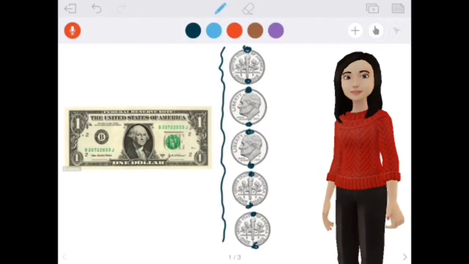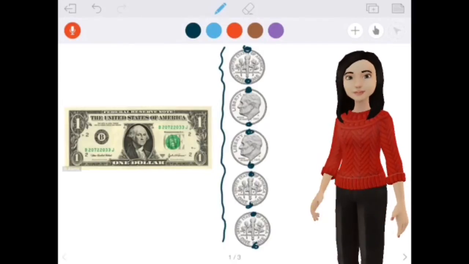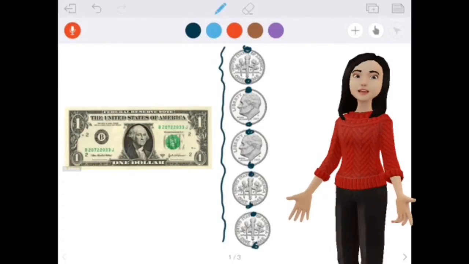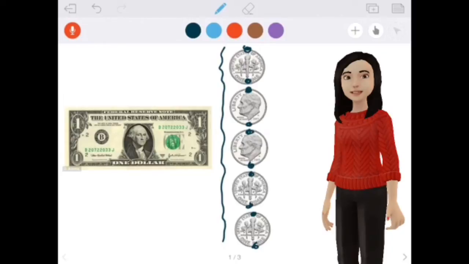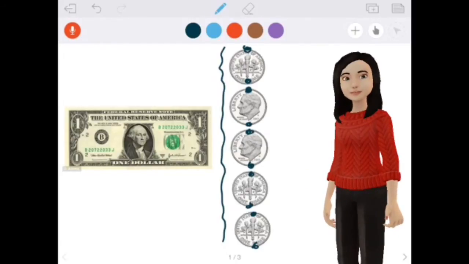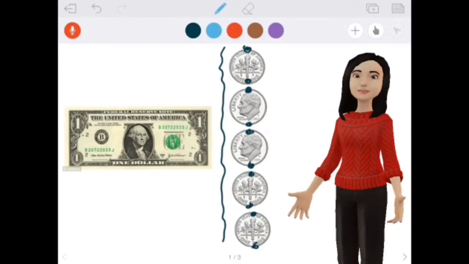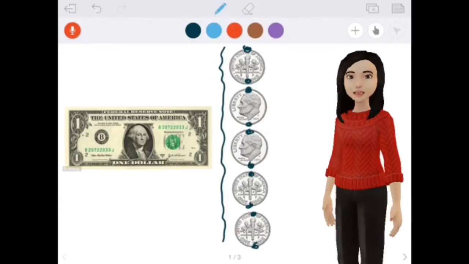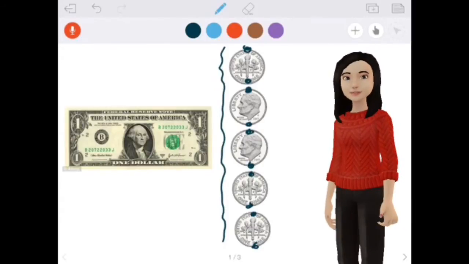So I have 10 cents, 20 cents, 30 cents, 40 cents, 50 cents. 5 dimes equals 50 cents. 50 cents is half of 100.